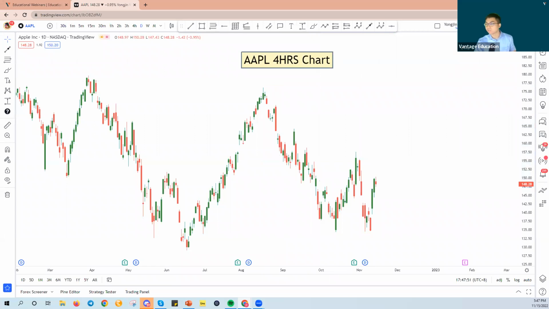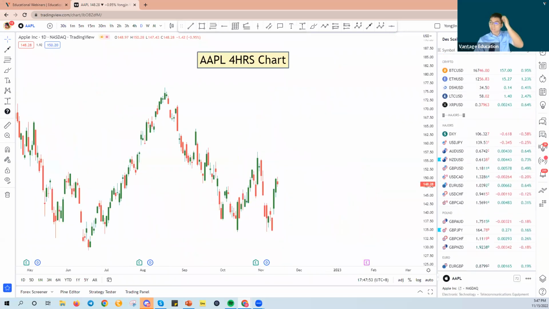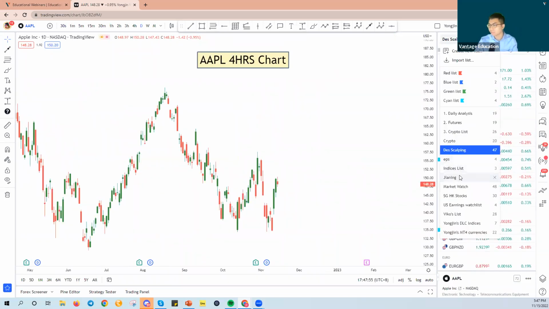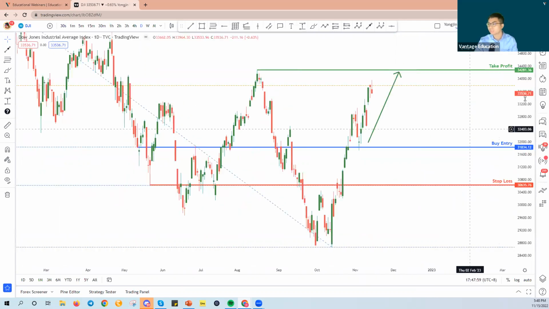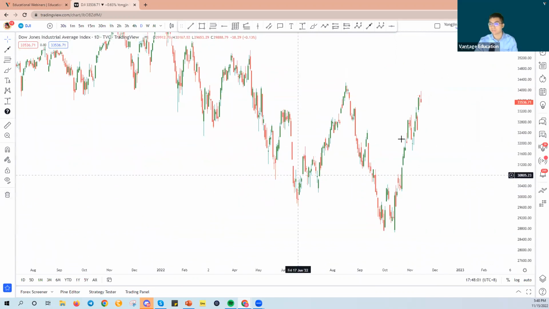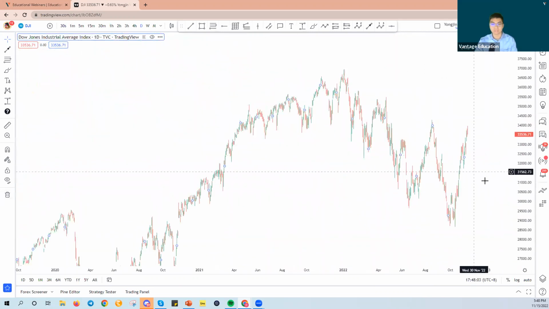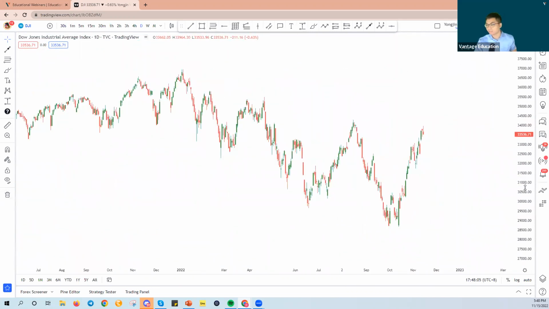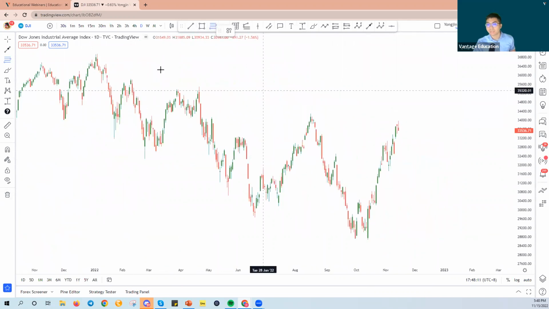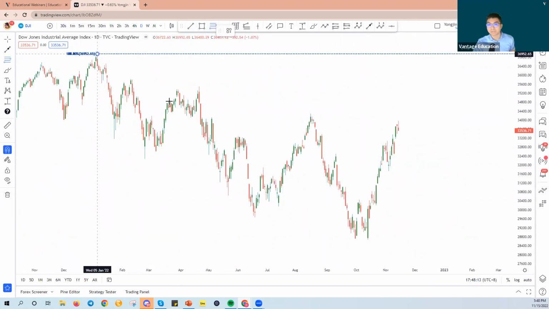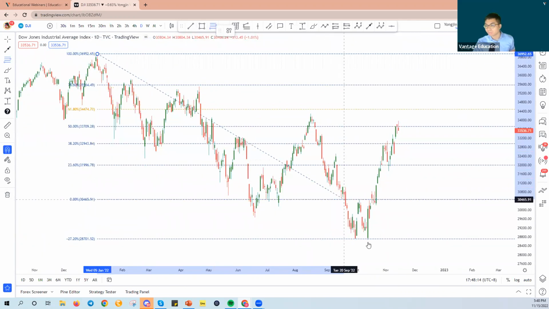Oh, DJI, sure. Luckily I was looking at DJI early on. So, the Dow Jones Index. Let me clear this out. No cheating right there. Earlier on I was looking at DJI. This is on the daily chart. We can potentially draw a Fibonacci line from the very top all the way down.